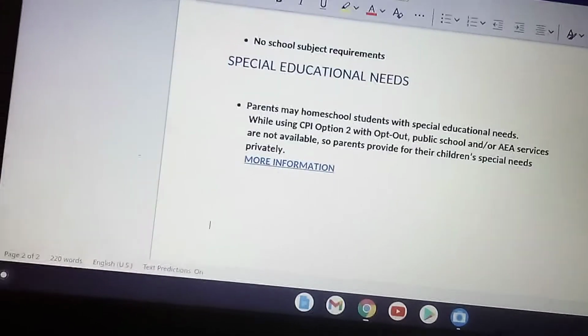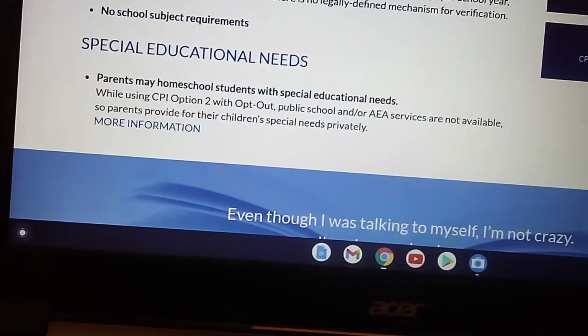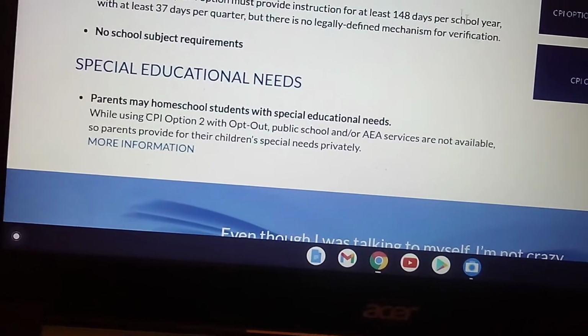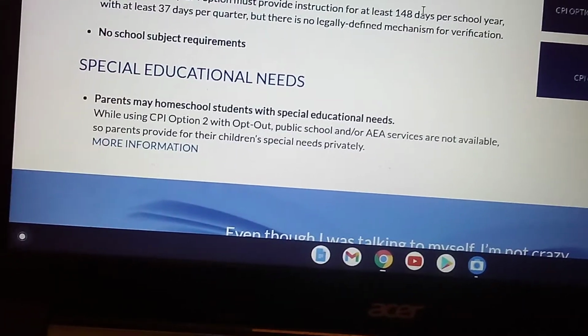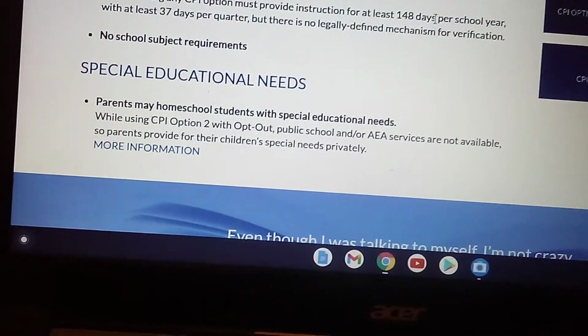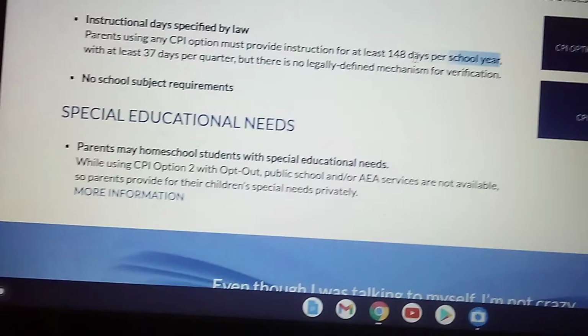And then I go down to another page, and this usually tells you how many days you need to have every school year, at least these many school days per year.